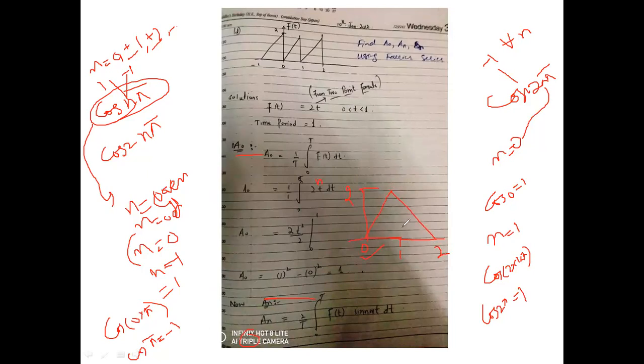You have to apply Fourier series, and in this case the function has two portions. The one is from 0 to 1 and the other is from 1 to 2. You have to apply the 2-point formula in both of these cases, and you can see that in this case the slope is positive and in this case the slope is negative.